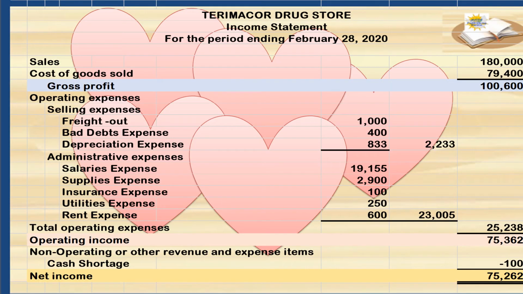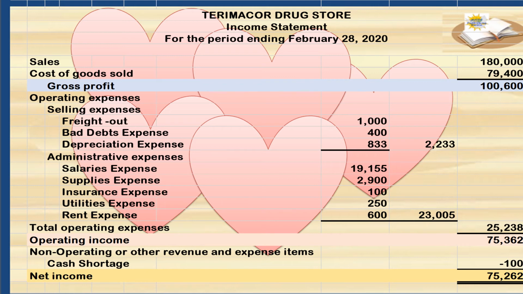There are two kinds of income statement presentation or format, and here is the presentation using the multi-step income statement.